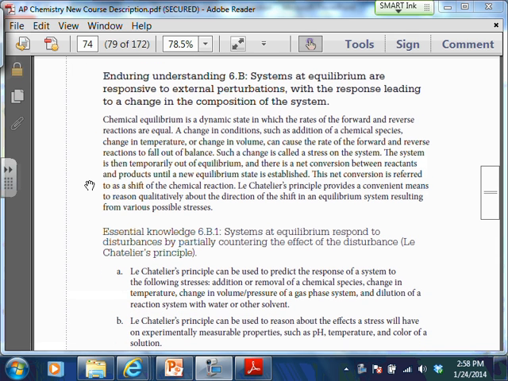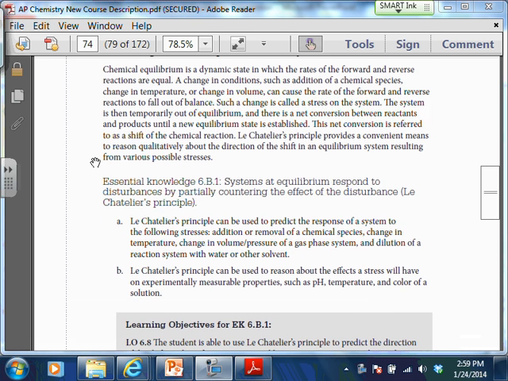The Enduring Understanding, I think, does a really good job of explaining this. Systems at equilibrium are responsive to external perturbations, kind of an interesting word, but the response leading to a change in the composition of the system. So, in other words, you perturb the system, you bother it in some way, okay? And what happens here is you change the rate of the forward and reverse reactions. That's ultimately what's causing the change, okay?